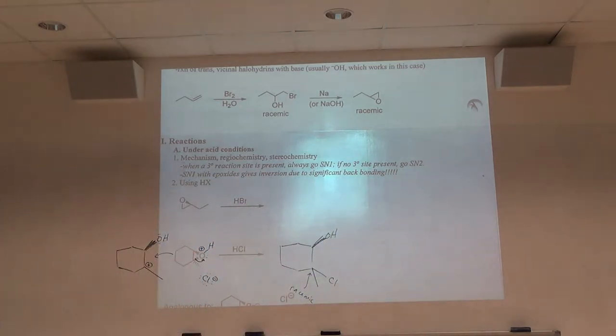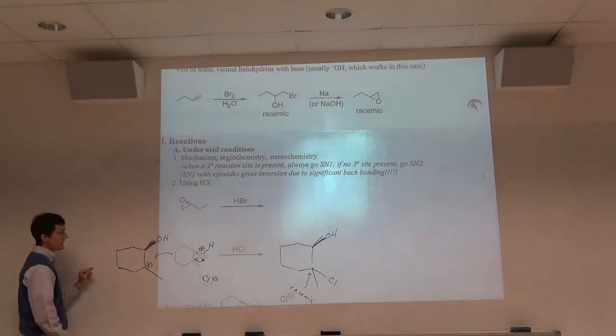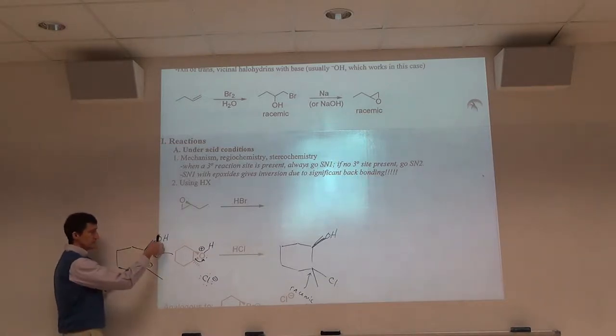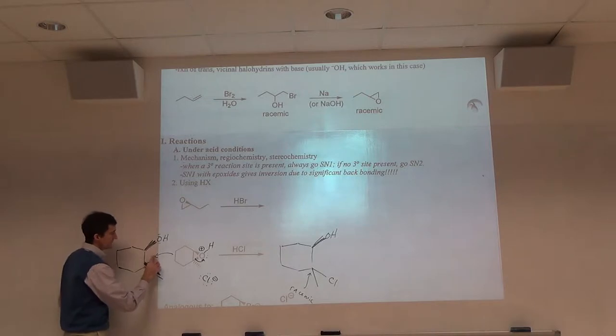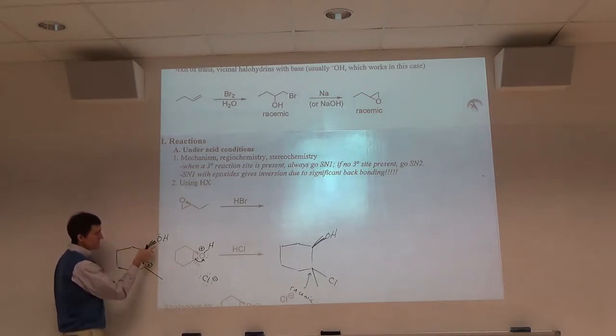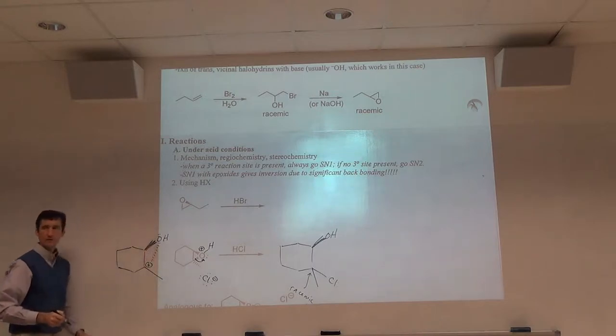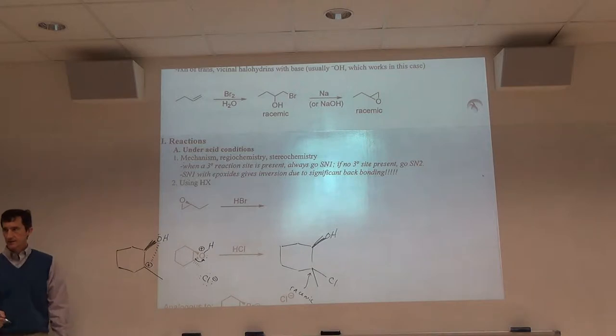Now why? Because when this leaving group leaves, is it really gone and way away? No. Even though this left, there's a significant amount of association between the lone pair and the carbocation.